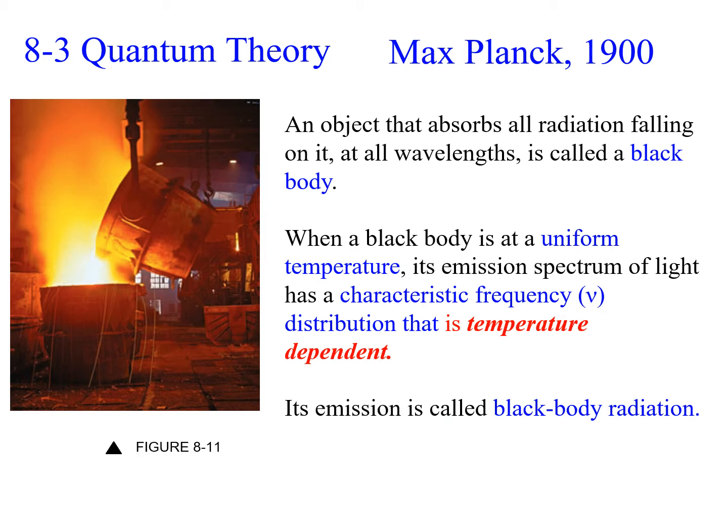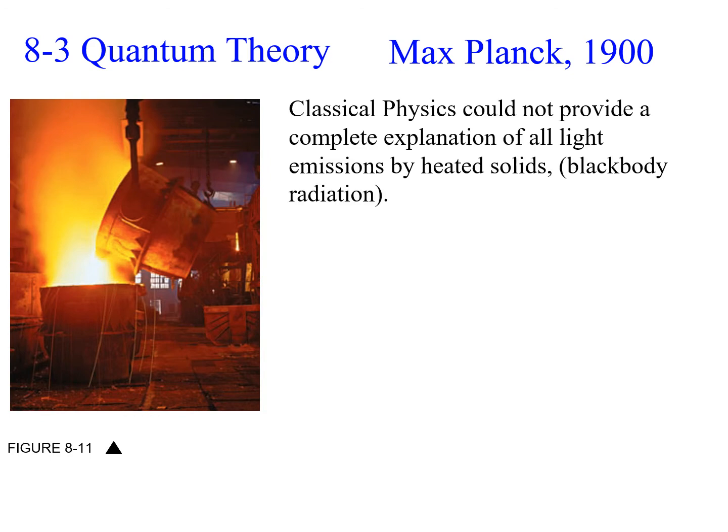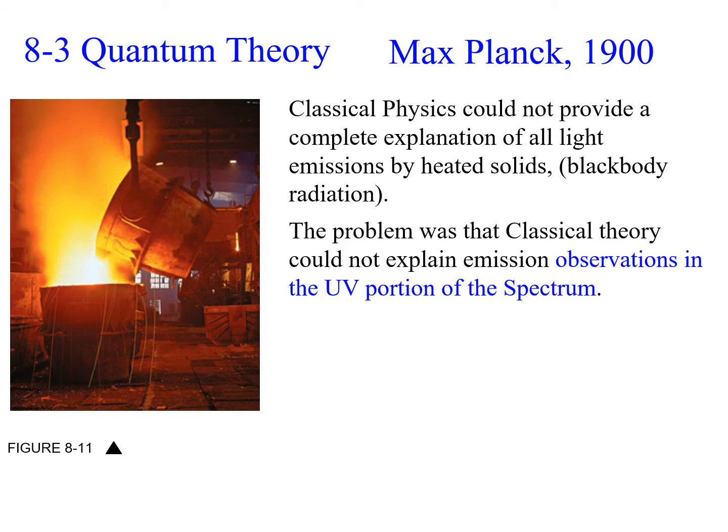And we talked about emission spectra being quantized. And so classical physics could not provide a complete explanation of all light emissions by heated bodies, or black body radiation. The problem was that classical theory could not explain the observations in the UV portion of the spectrum.